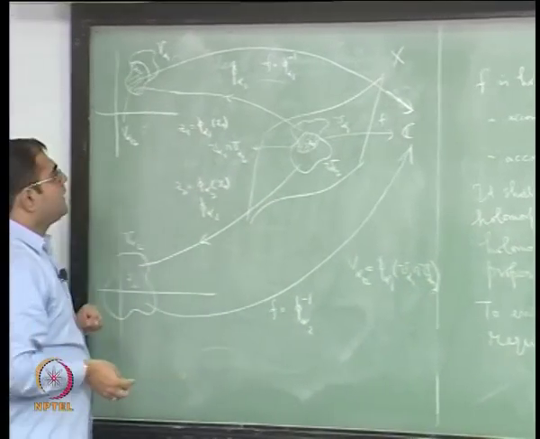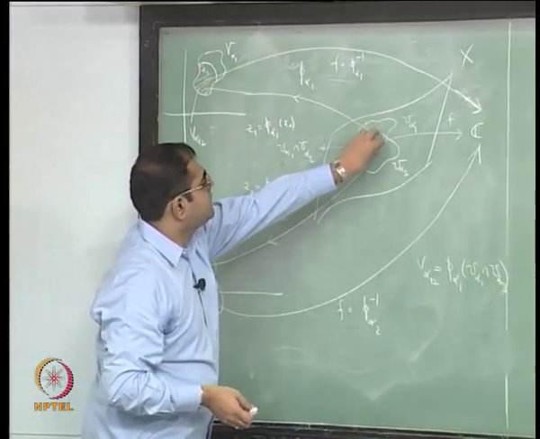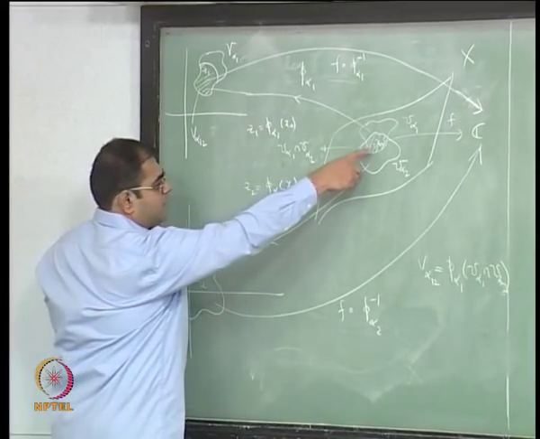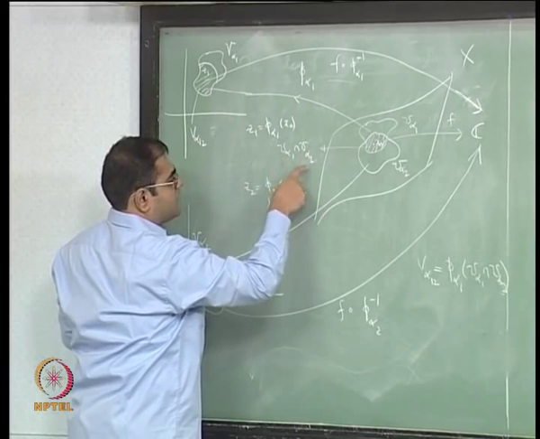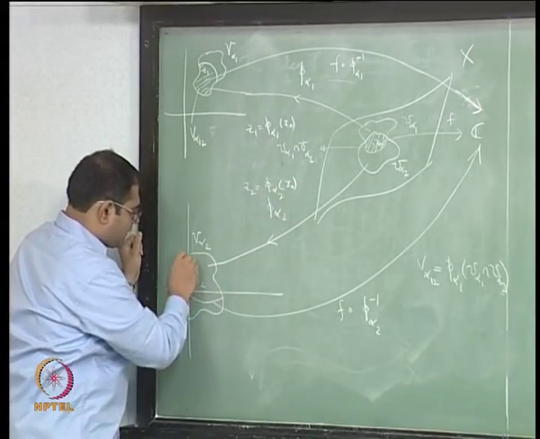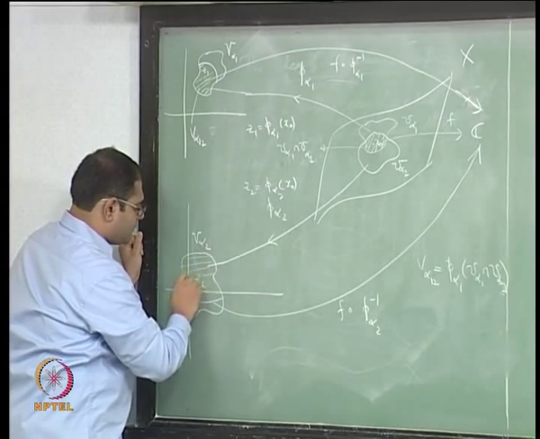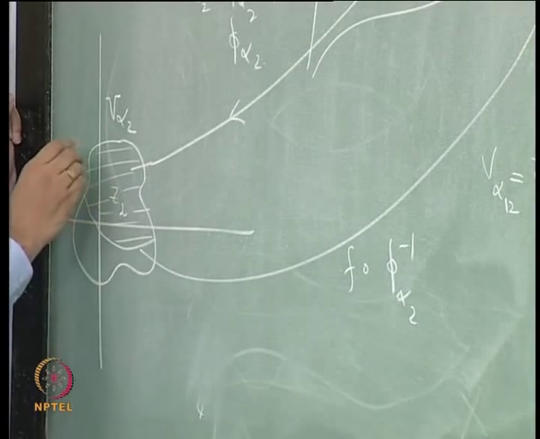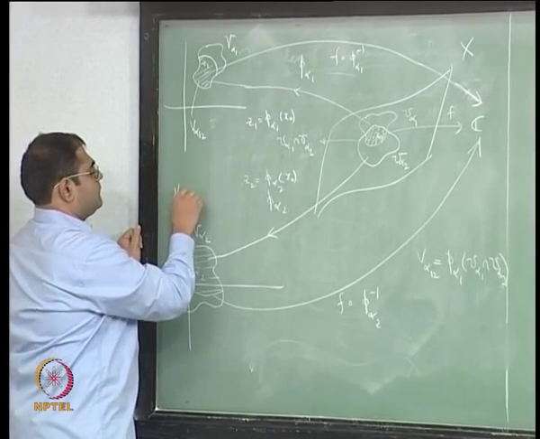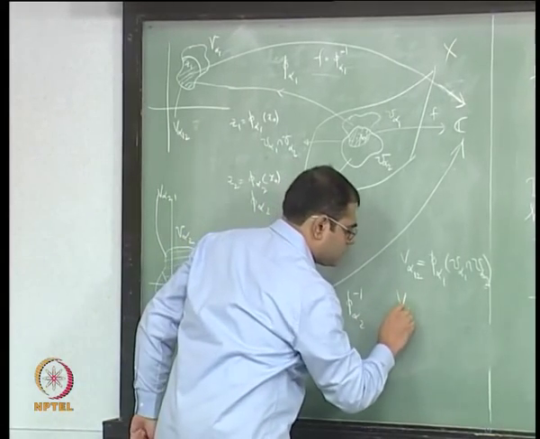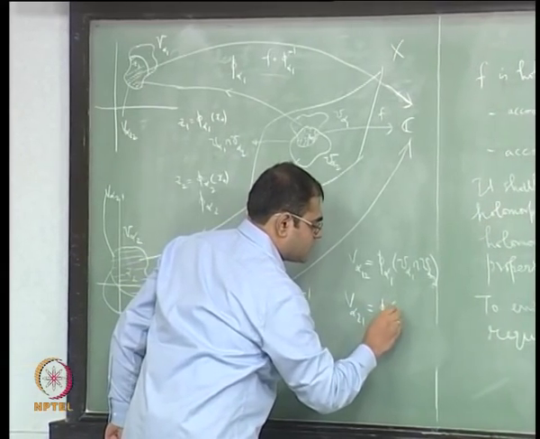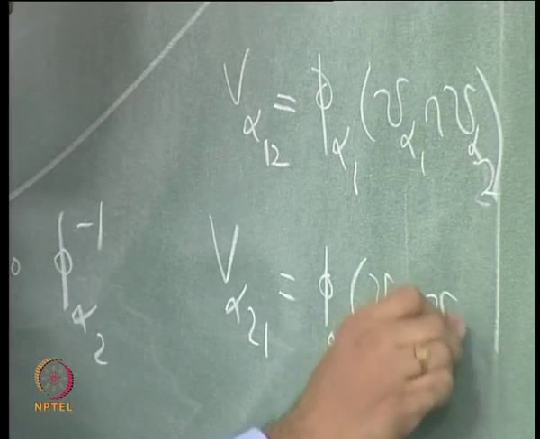Similarly, this open set U alpha 1 intersection U alpha 2 goes to another shaded region that I draw here, which is again an open subset of V alpha 2, which I would like to call V alpha 2 1. So V alpha 2 1 is the image under phi alpha 2 of U alpha 1 intersection U alpha 2.